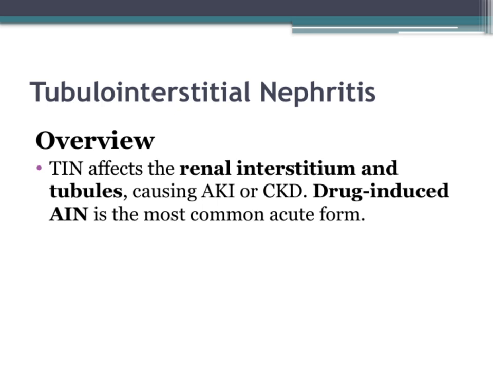One of the most common causes of this inflammation is drug-induced acute interstitial nephritis, which is actually the most frequent form of acute interstitial nephritis we see in clinical practice. Recognizing this connection is important because many drugs can trigger this immune response, leading to inflammation and impaired kidney function. So, understanding how TIN develops and its causes helps us better identify and manage these cases early, ultimately protecting kidney health and preventing long-term damage.